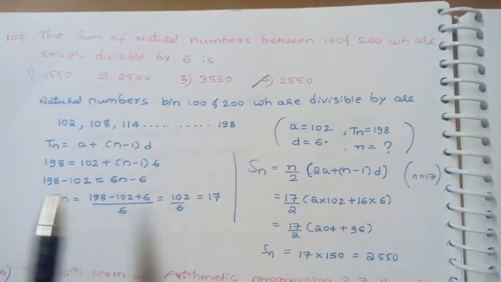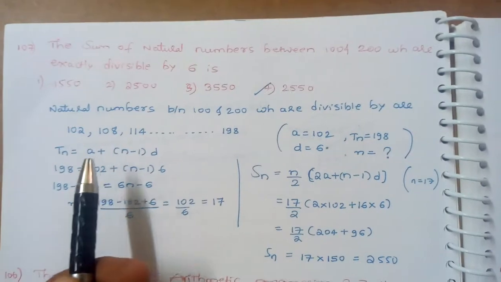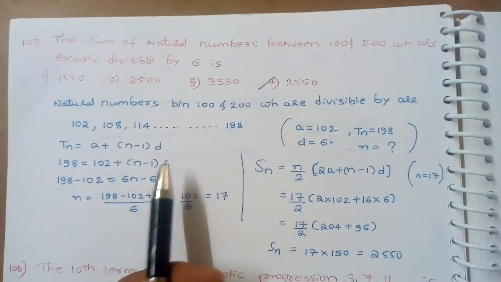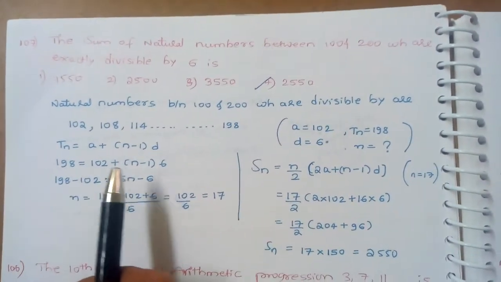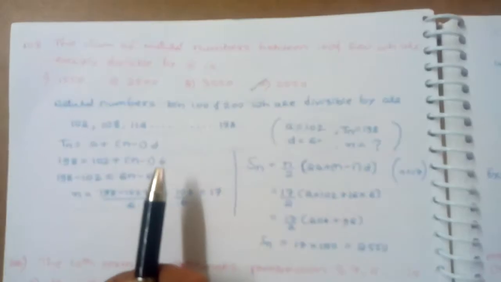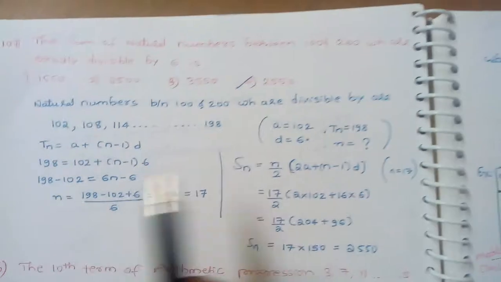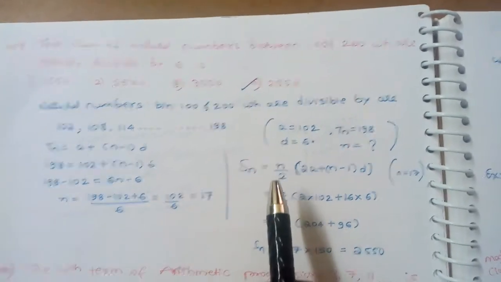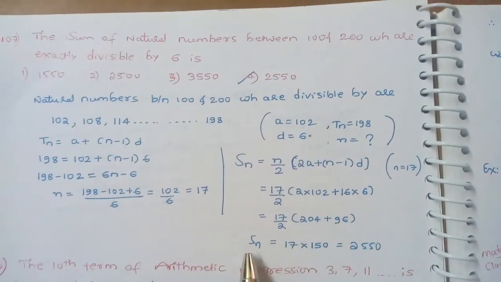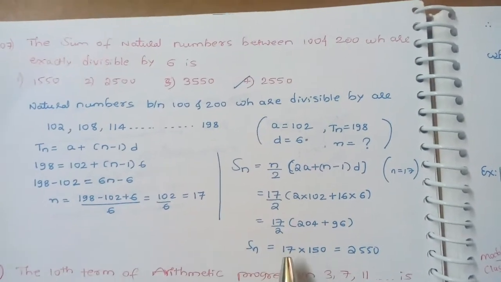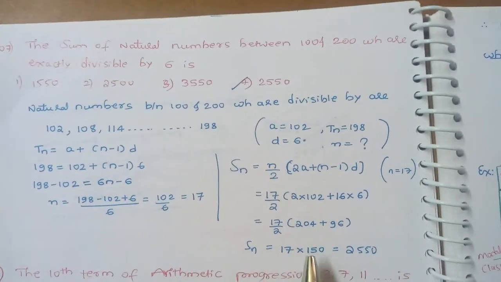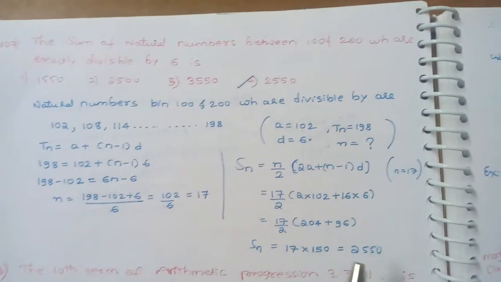If you don't know, simply use Tn equal to a plus n minus 1 into d: Tn is 198, a is 102, n minus 1 into 6. Here we find n is 17. Substituting n as 17, we get Sn, the sum of natural numbers between 100 and 200, as 17 into 150, that is 2550.